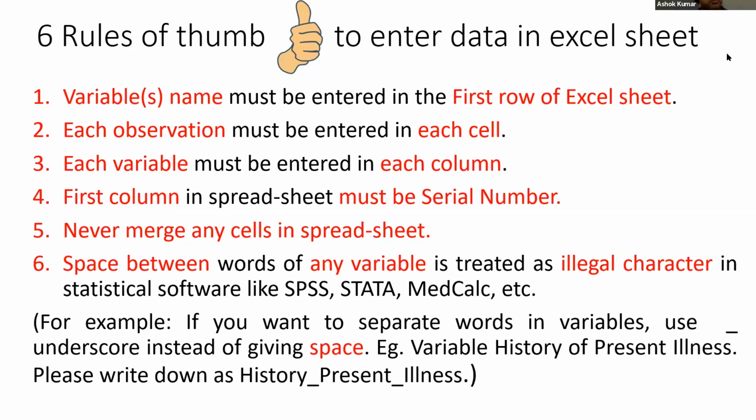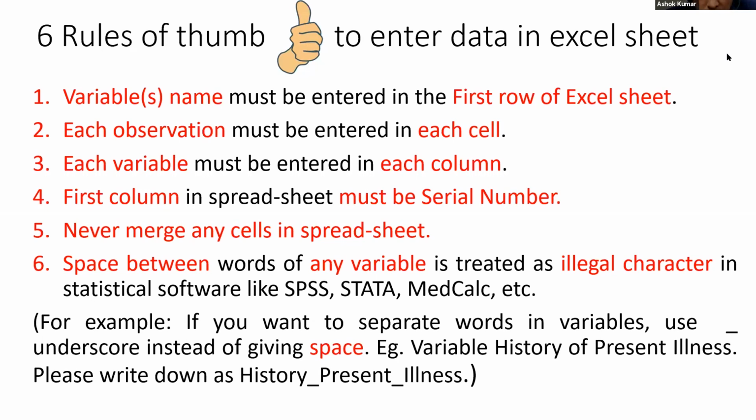Now, space between words of any variable name is treated as an illegal character in statistical software. For example, if you want to separate words in a variable name, use an underscore instead of a space. These are minor things.